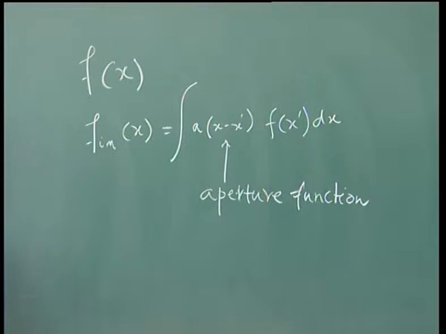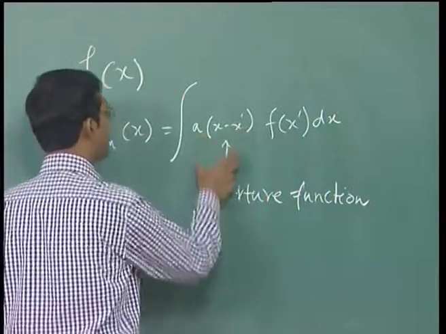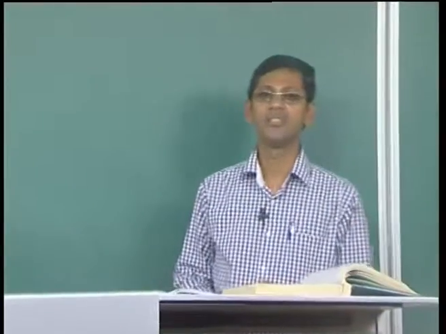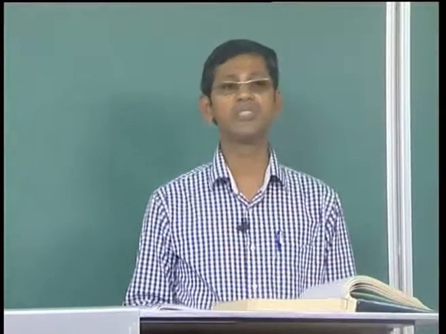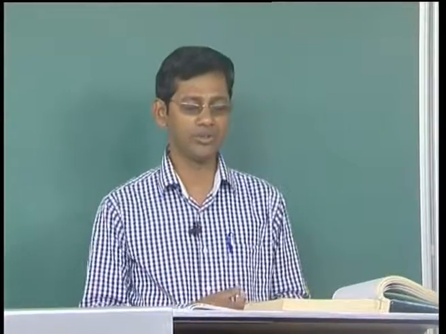So, that means if I want to get the image information in the image plane, we need to use the aperture function. The aperture actually modifies the image during formation. Now, this is a very simple equation which is used in the imaging technique, and can be found in any book.